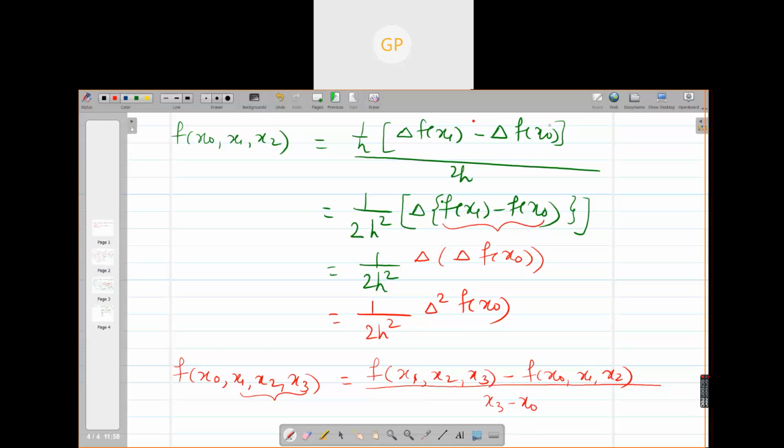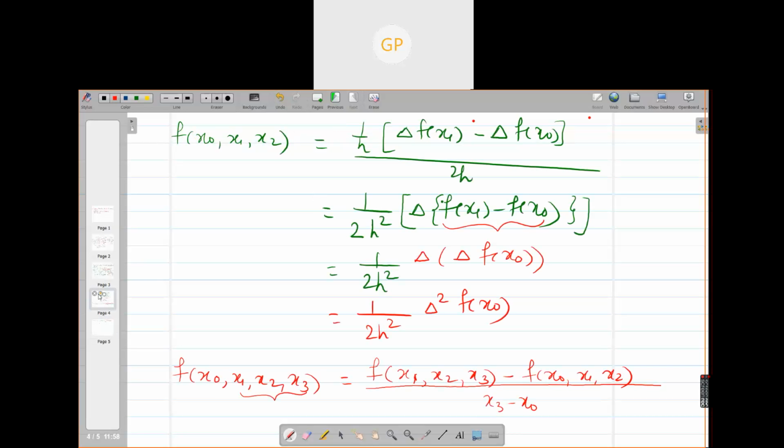Okay, do it. I'm waiting for your answer. Do it on your own. It's very easy. f of x0, x1, x2, x3 is equal to f of x1, x2, x3 minus f of x0, x1, x2 divided by 3h. But what is f of x1, x2, x3?